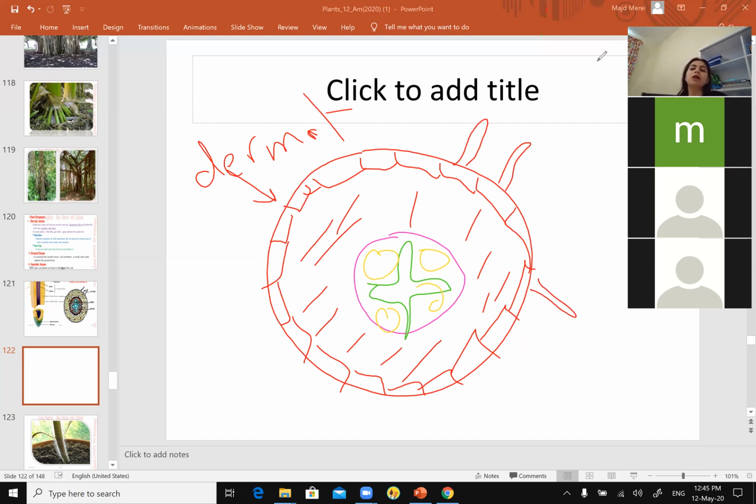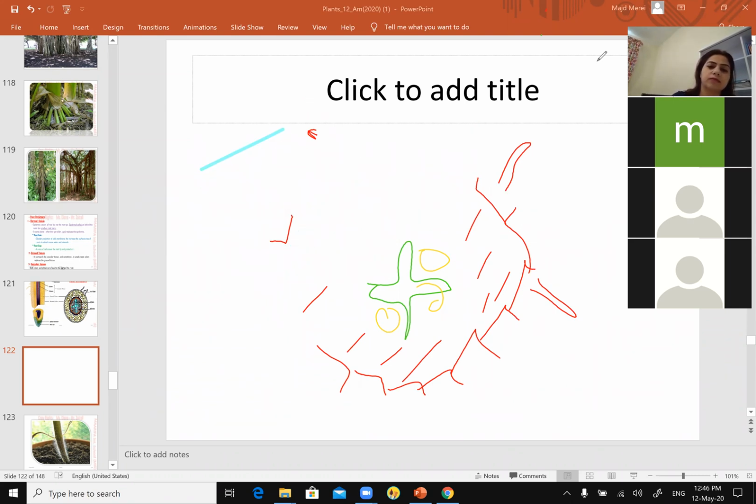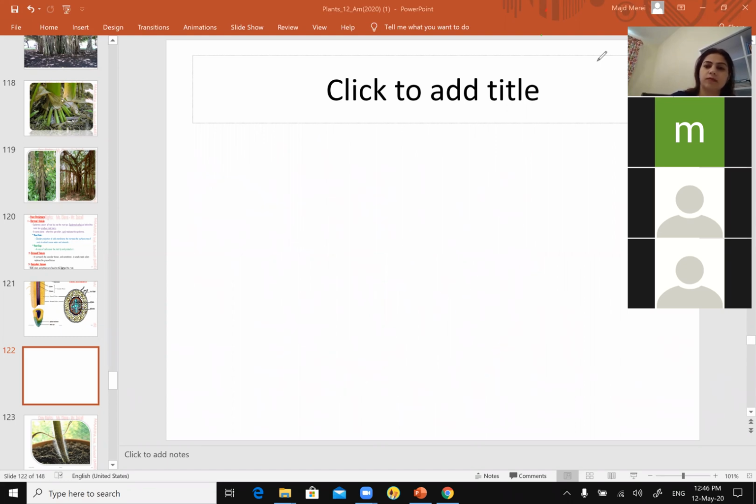What is the function of root hairs? Increase surface area to absorb water. It's like an adaptation. Now, within a longitudinal section, here we have the tip of the root, the meristem.